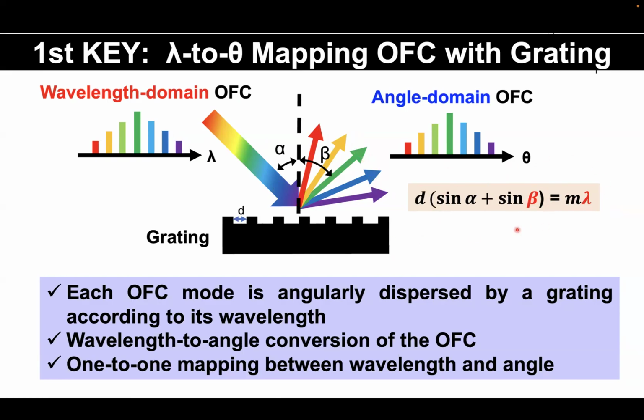In other words, wavelength-angle conversion can be achieved in the OFC. The important point is that a one-to-one mapping between the wavelength and angle is established. So in this way, the wavelength domain OFC can be converted into the angle domain OFC.